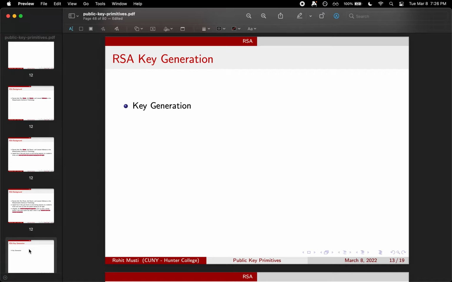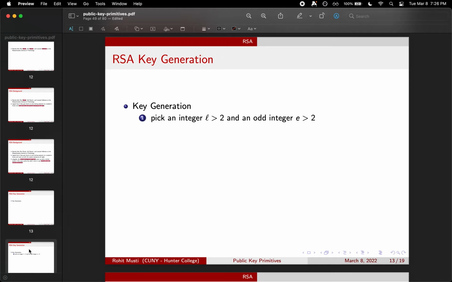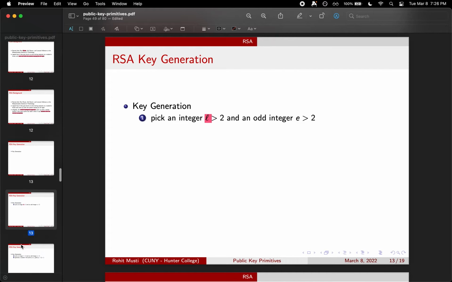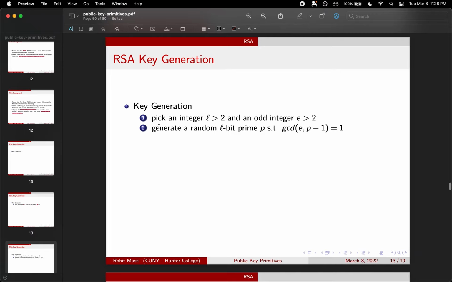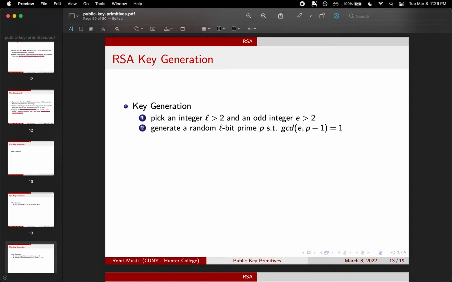So with that, let's talk about RSA key generation. The first step is to pick an integer, L. L here is going to be the length of the message. And then pick an odd integer, E. E needs to be greater than 2 and be odd. Then generate a random L-bit prime number P such that the greatest common divisor of E and P minus 1 equals 1.